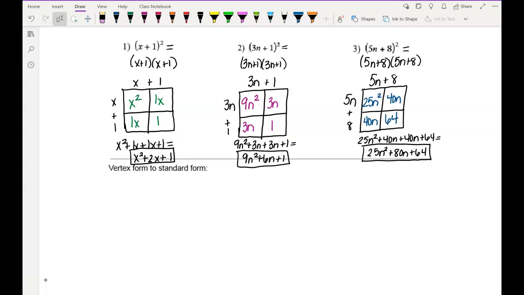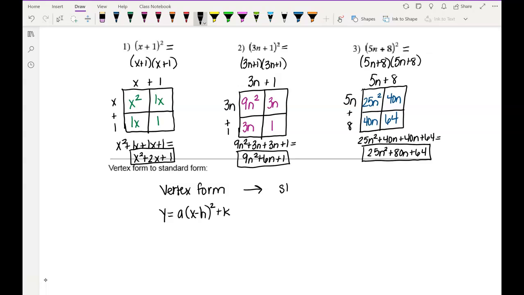All right, so vertex form to standard form. Remember, vertex form is our y equals a times the quantity x minus h squared plus k.